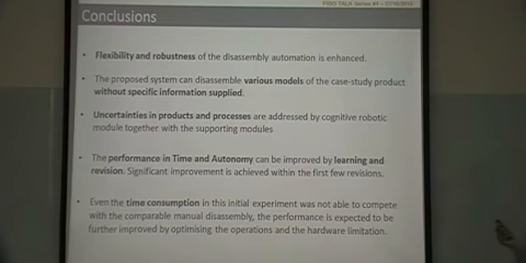If you have a better system, a better strategy or solution, we can give more cognitive ability to the system to achieve our goal in a more efficient way, faster and faster. And finally, I hope that in the future we can make disassembly more economically feasible, so everyone can get into disassembly and recreate our world more sustainably.